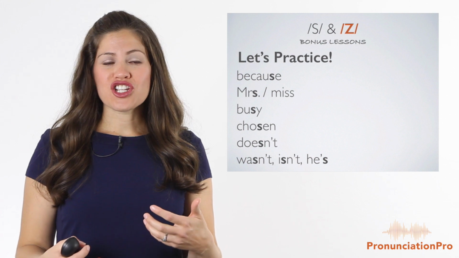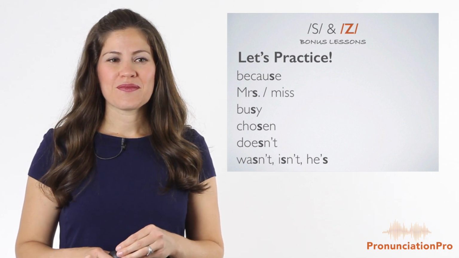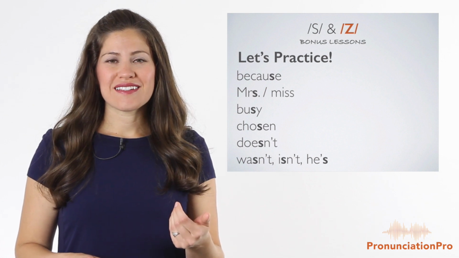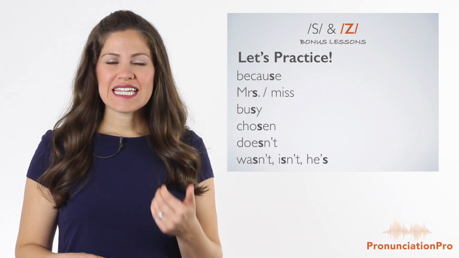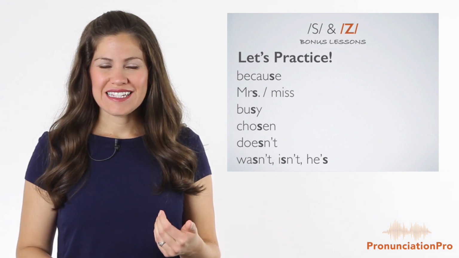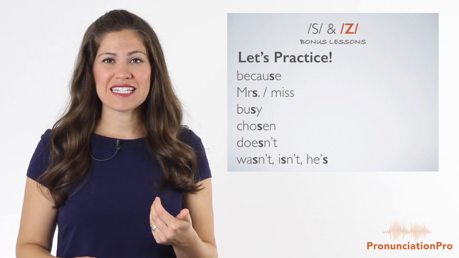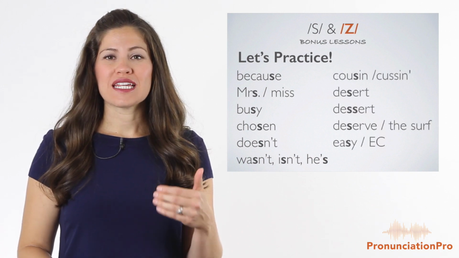Now, a lot of these contractions have this. So, doesn't, wasn't, isn't, and he's. So, he's, she's, those have that Z sound. How about this one? Cousin.